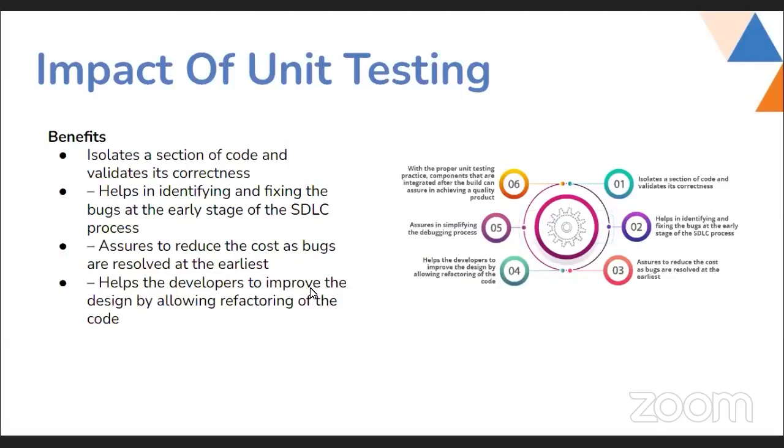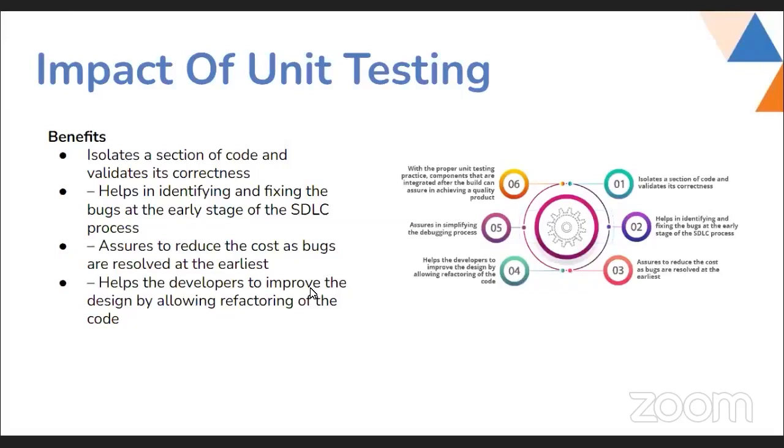Now, the benefits of unit testing. Unit testing has some benefits. One benefit is that it isolates a section of code and validates its correctness. That means unit testing improves code quality. It helps developers identify the smallest defects that might be present in the units before they go for further testing.